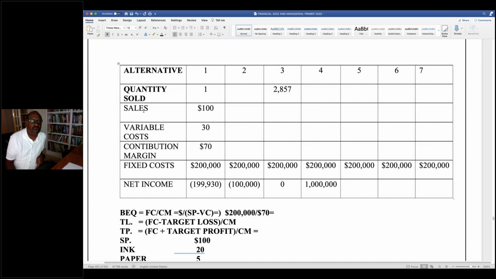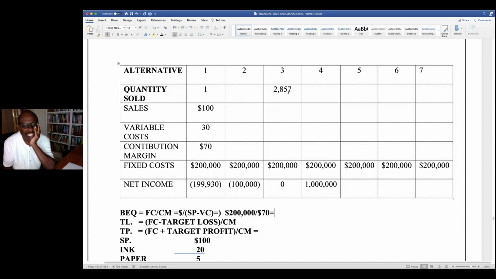Maybe you should move that out of the way because that's distracting me. What's distracting you? Selling price minus VC. Is your contribution margin 70? Yeah, I thought we had to add something else. That's all you have to do.